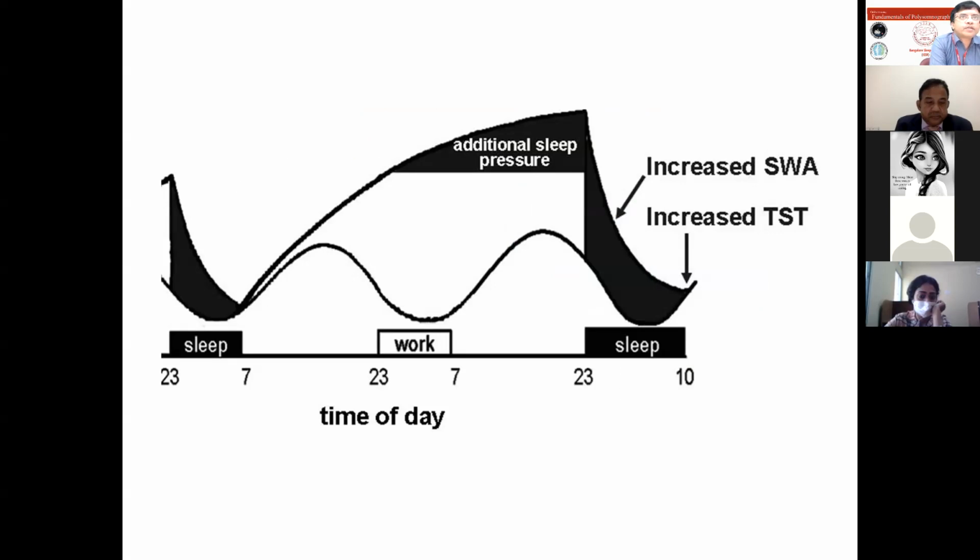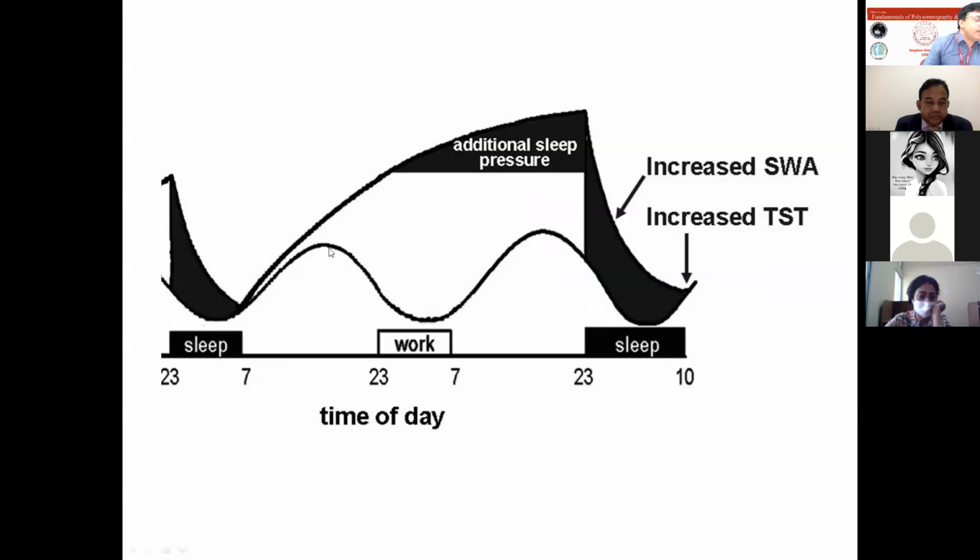The homeostatic process is the one where, in the daytime, as we go on and engage in our work, the sleep pressure goes on building up. This pressure is what drives us to get into sleep.